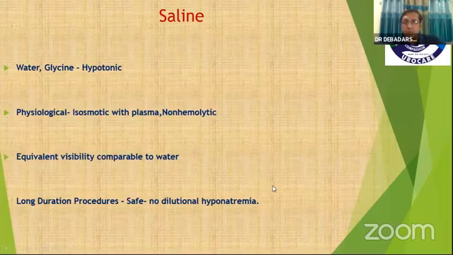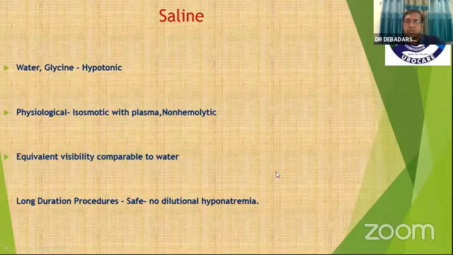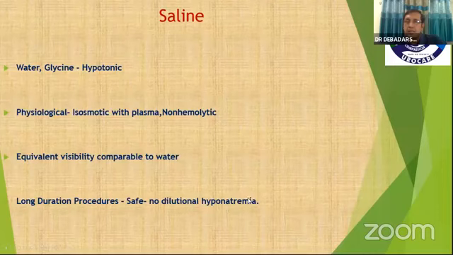When we take up larger prostates, more than 150, 180 gram, maybe 200 gram prostates, then we may use this because it is very safe, and there is no dilution or hyponatremia at the end of the procedure. But yes, the visibility compared to water is almost the same.